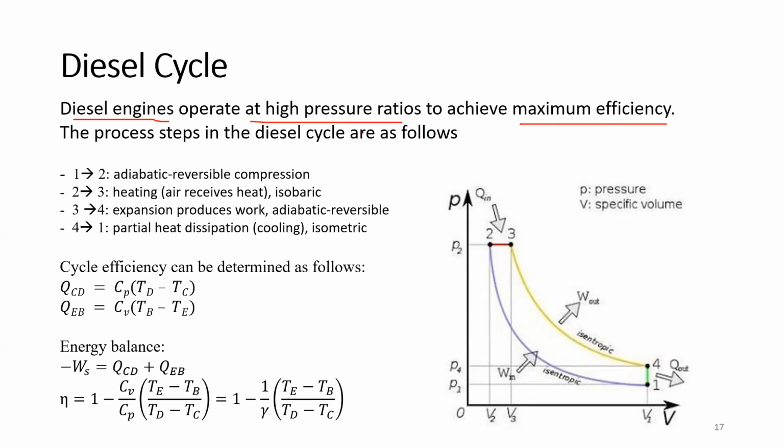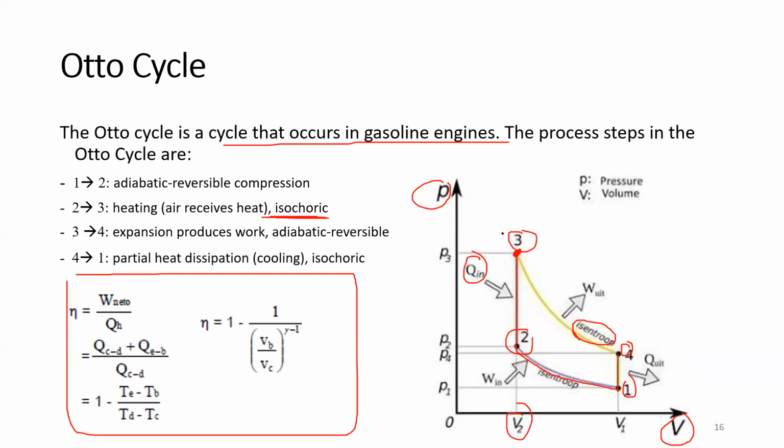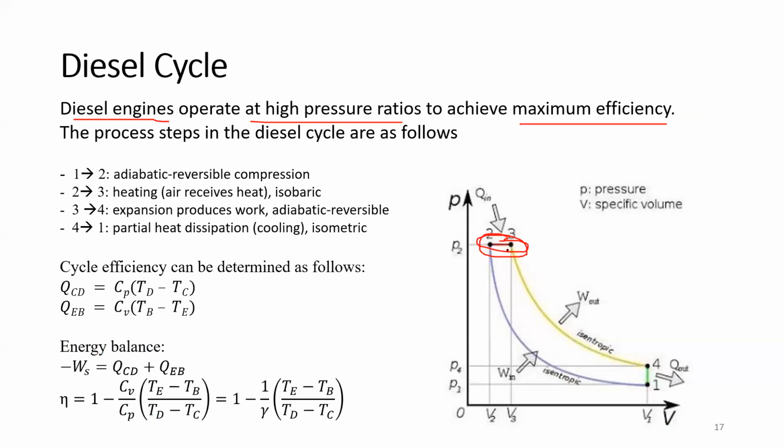In the diesel engine cycle, the combustion occurs at constant pressure. So the difference between the diesel and Otto is in the second step of the process, where in the Otto cycle the combustion occurs at constant volume, while in the diesel cycle it occurs at constant pressure, or isobaric.